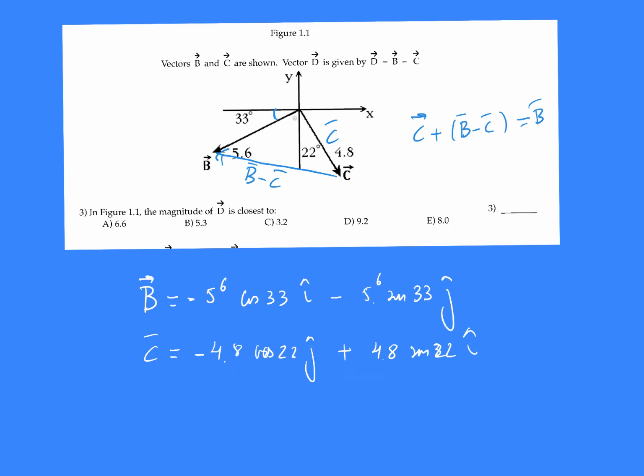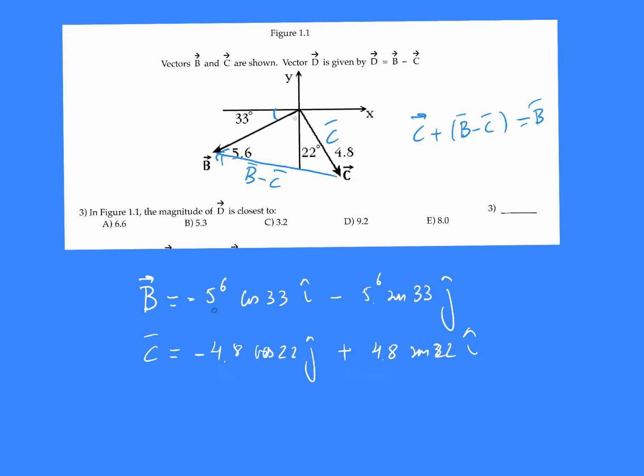The magnitude of v is 5.6, so it should be 5.6 cosine of 33 in the minus i direction, and again 5.6 sine of 33 in the minus j direction. That completes the vector v as the sum of this vector plus this vector.